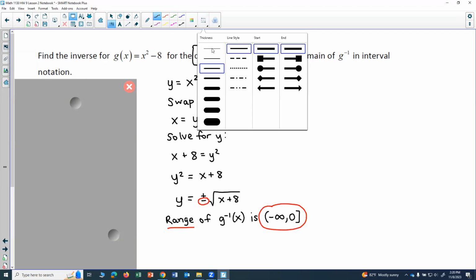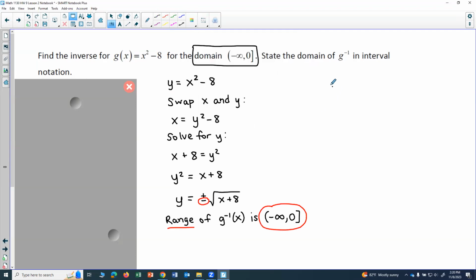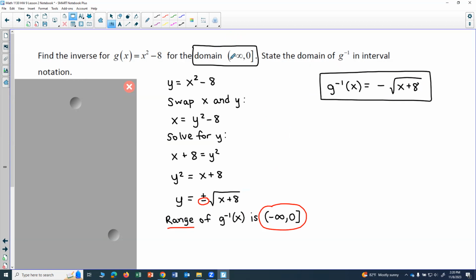So my inverse function is going to be g inverse x equals negative square root of x plus 8. And again, I decided to use the negative because I needed my range of the inverse function to match up with my domain of the original function.